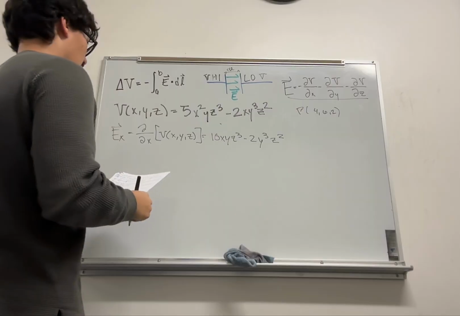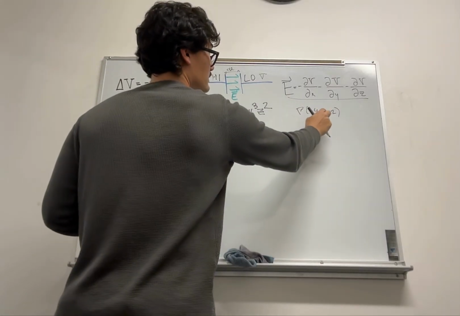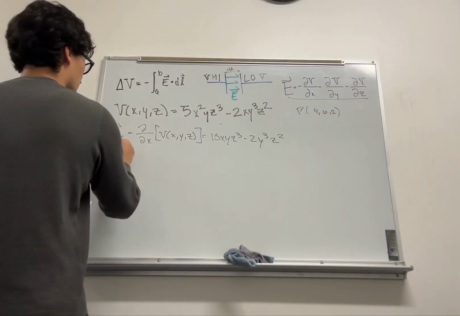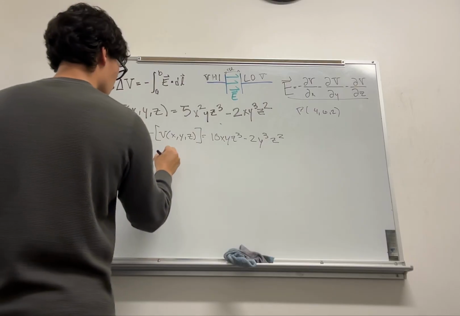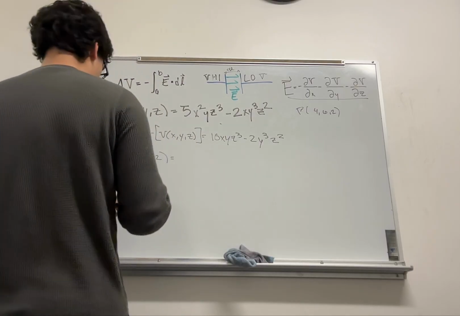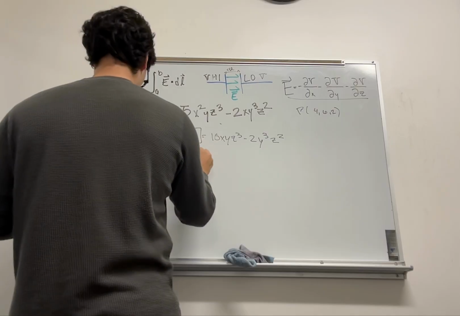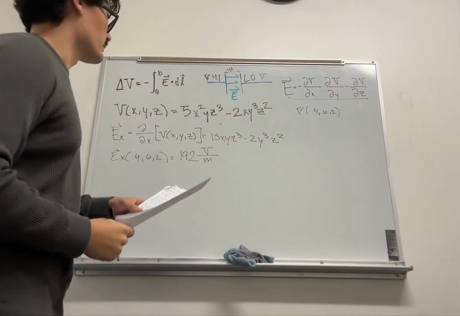And then to find the x component at (4, 6, 2), you just plug in for x, y, and z, and then calculations aside, you get a final value of 192 volts per meter, which checks out with our original equation.